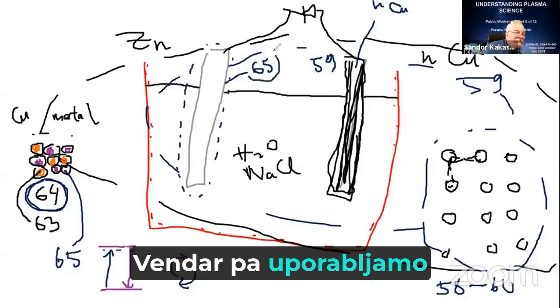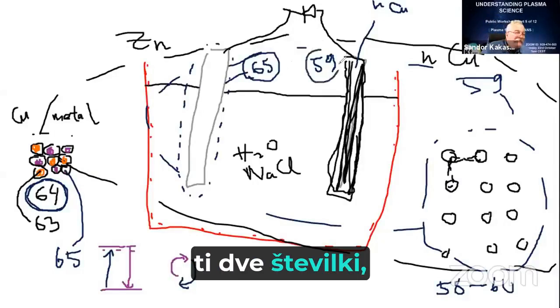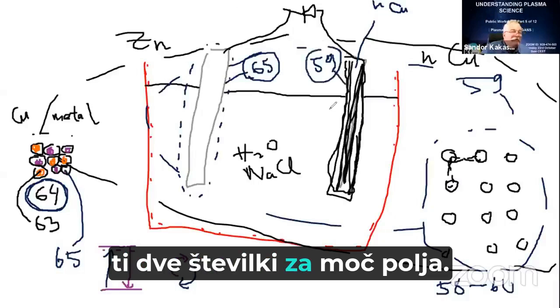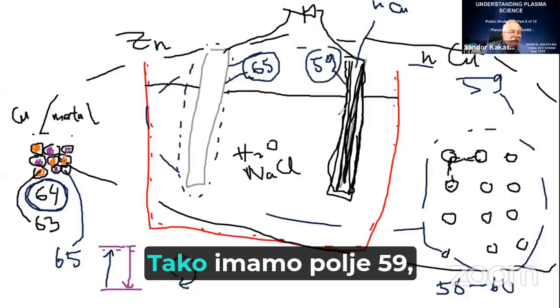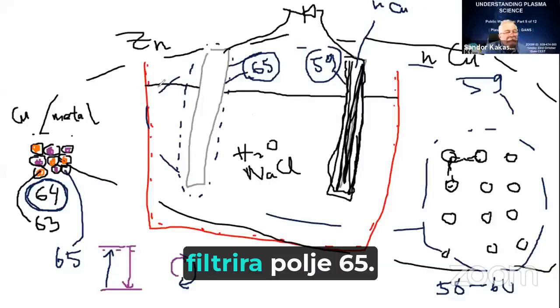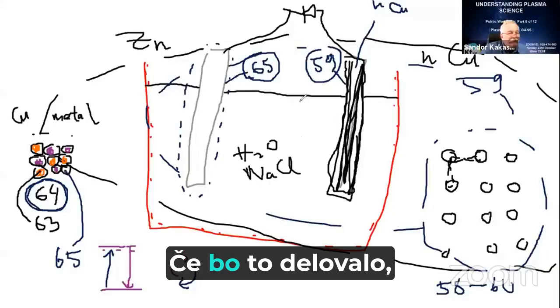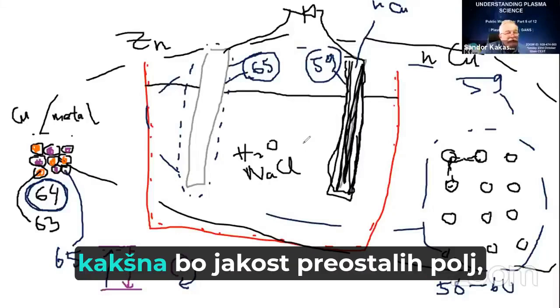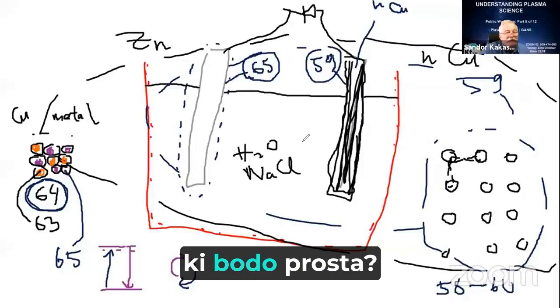But we use these two numbers for the field strength. So here we have a field of 59, which is filtered by a field of 65 in this plasmatic condition. If these interact, what will be the strength of the leftover fields, which will be free?